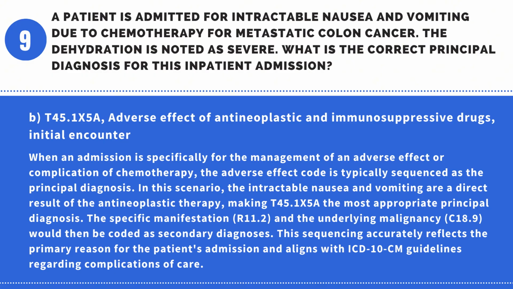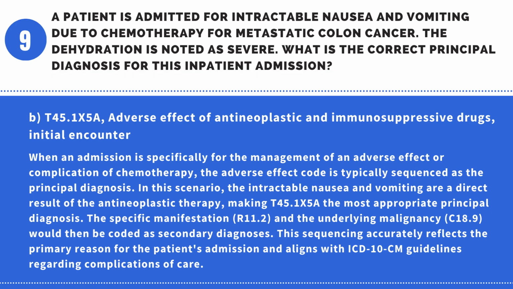T45.1x5, adverse effect of antineoplastic and immunosuppressive drugs, initial encounter. Explanation: When an admission is specifically for the management of an adverse effect or complication of chemotherapy, the adverse effect code is typically sequenced as the principal diagnosis. In this scenario, the intractable nausea and vomiting are a direct result of the antineoplastic therapy, making T45.1x5 the most appropriate principal diagnosis.